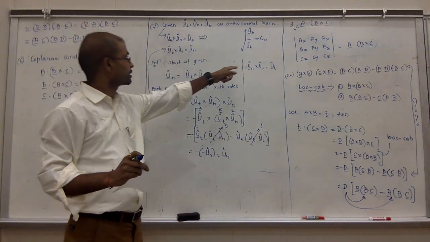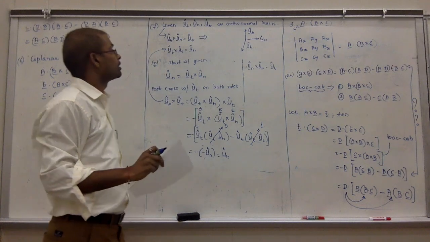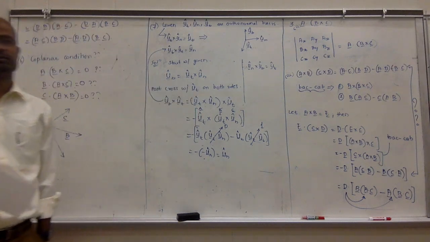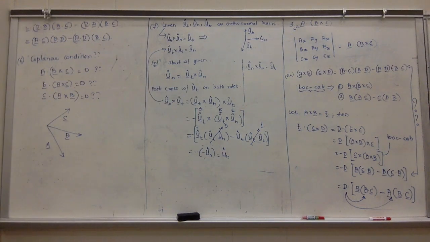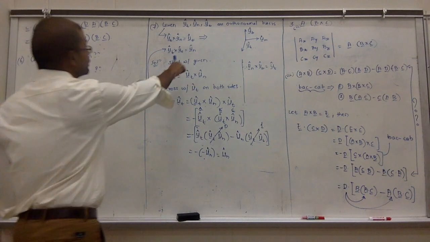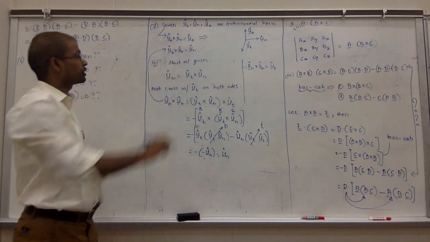So this is the second one. You have to prove this. How are you going to prove that? Just pre-cross the first with UN. So basically do the same, we cross that with UN instead of UC. That's not the given information that you just wrote. Given information is only this.